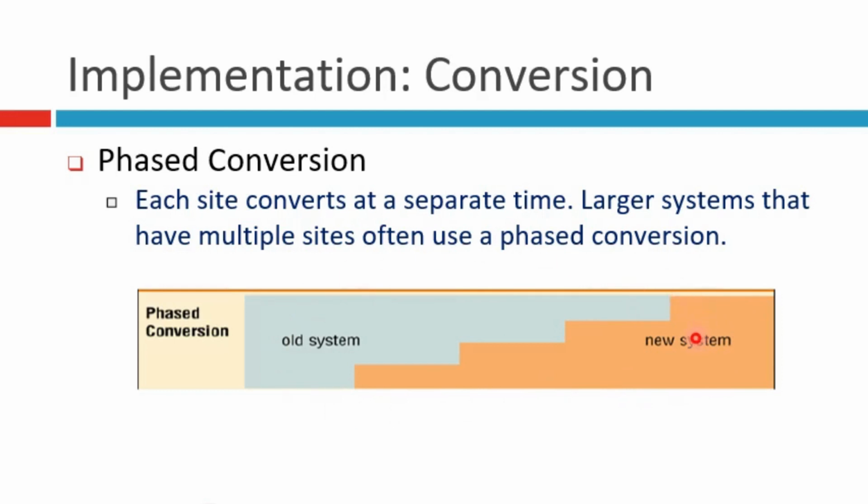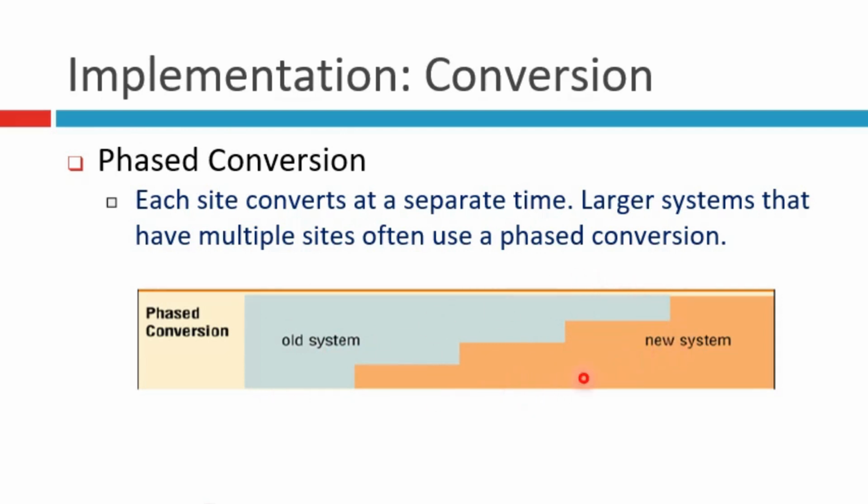For example, if you want to convert from Microsoft Word to the Open Office application, we have to make sure that the user converts part by part or phase by phase, secara berperingkat maksudnya.